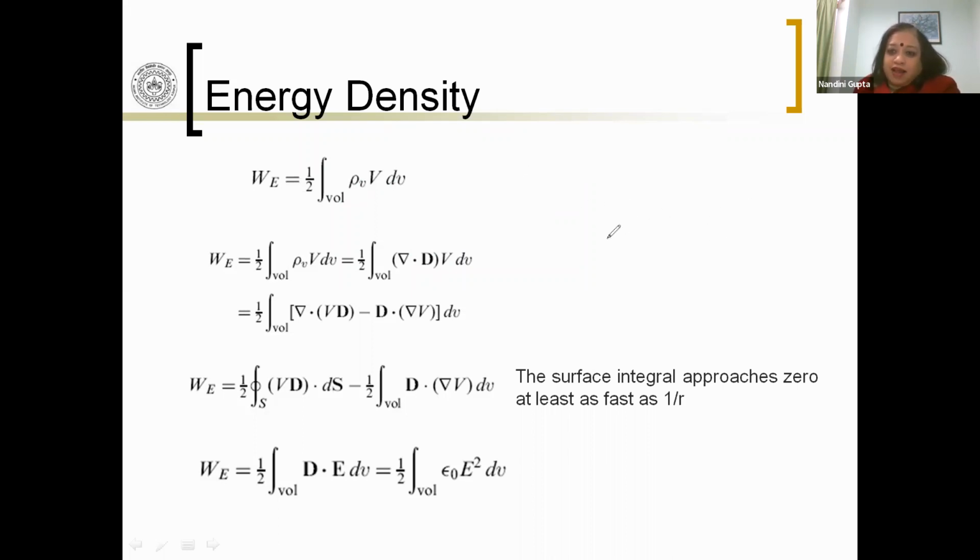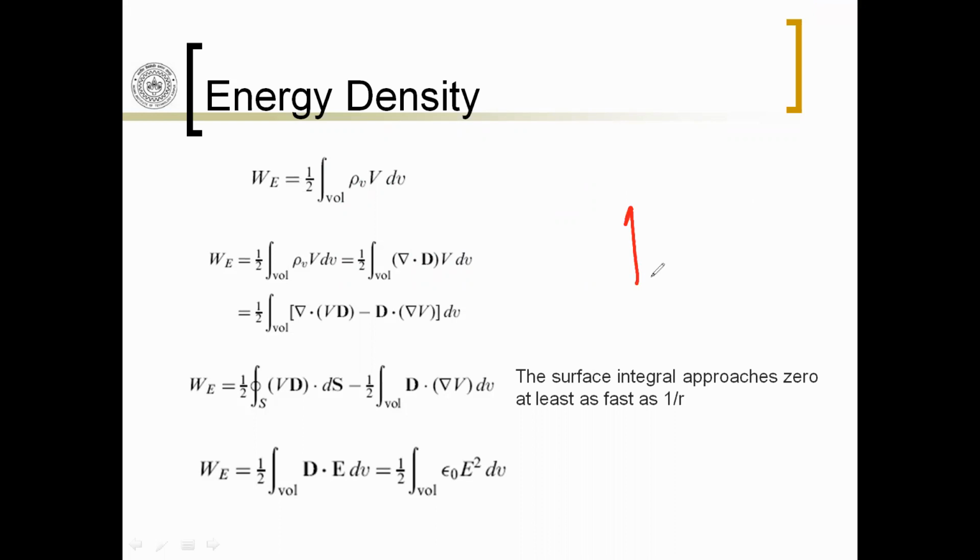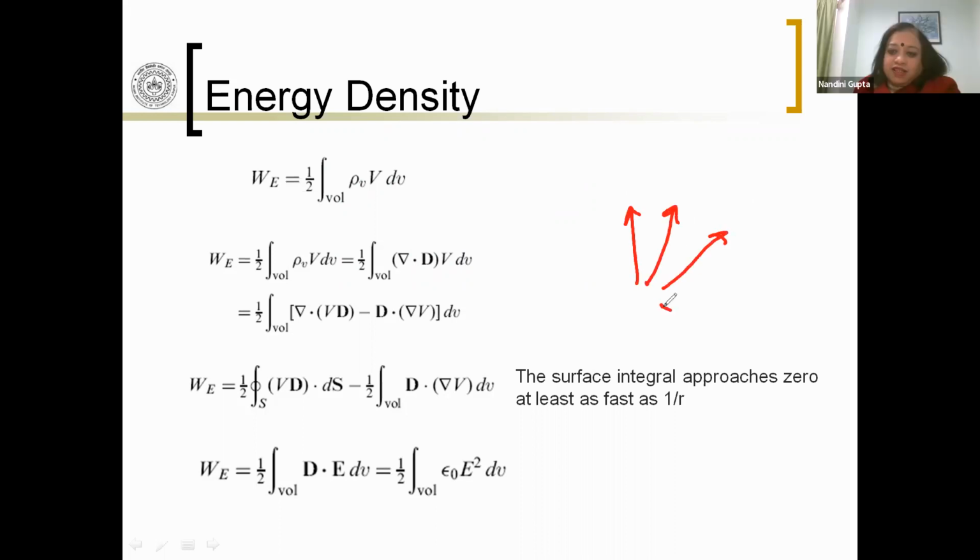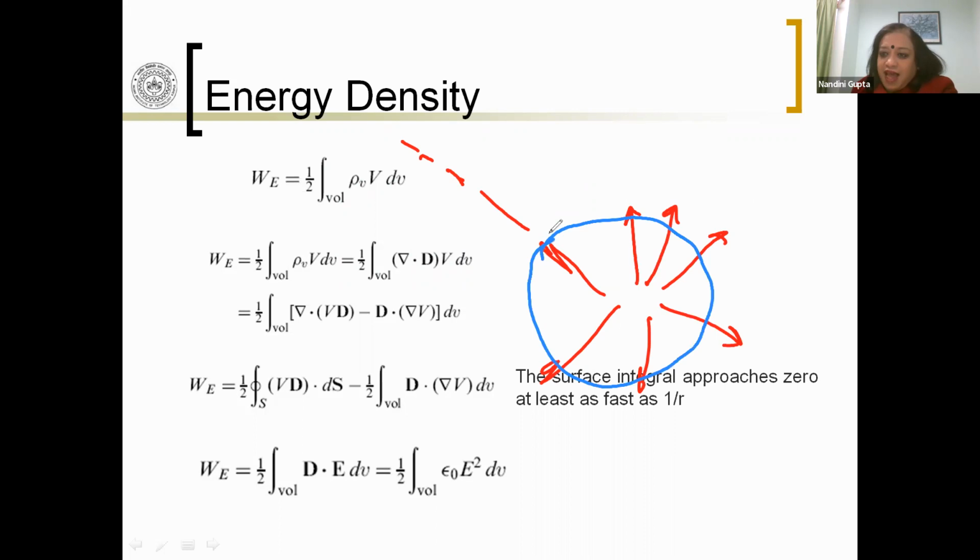So what was I saying? I'm talking about a field which is like this. As you go to infinity, the field lines will taper off and ultimately become zero. But that's not what I want. I want a situation where I have a surface at a finite radius and no flux line should go out.